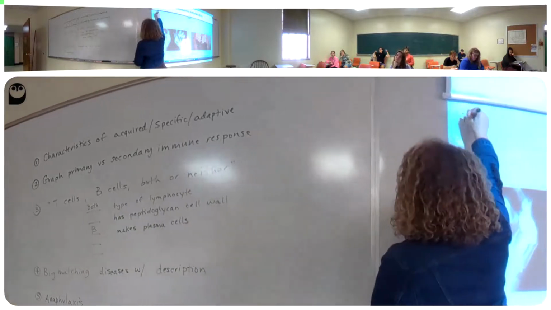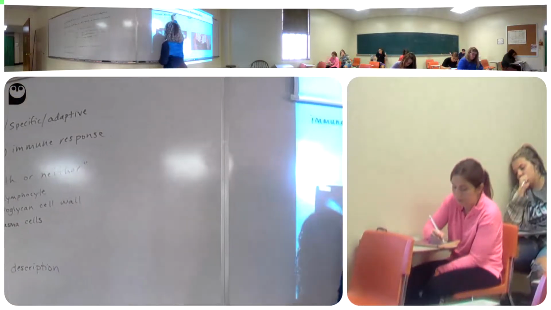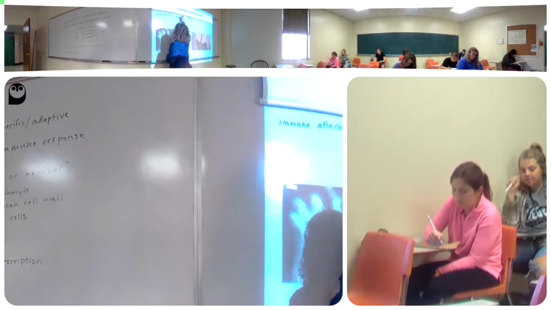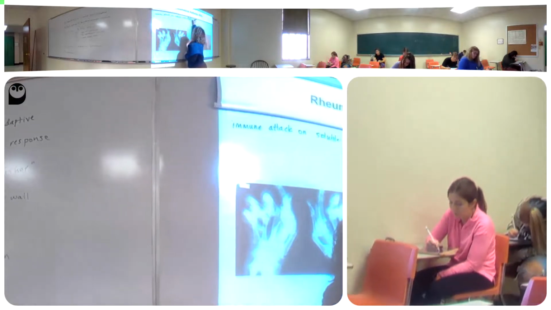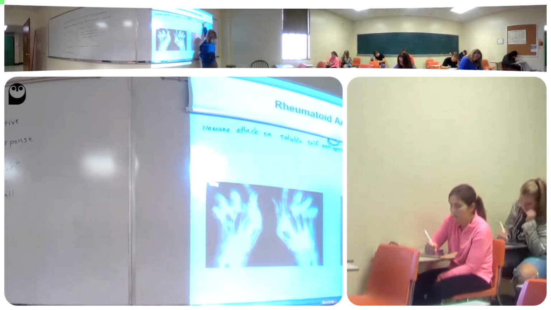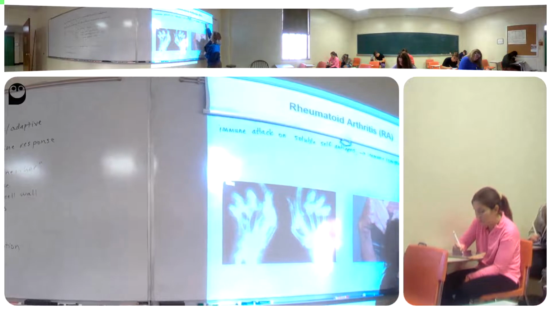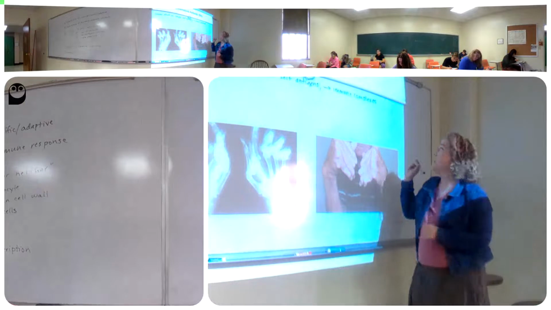So this type is where you have immune attack on soluble self-antigens, and then you get immune complexes. So this is a type 3 hypersensitivity, and it's also autoimmune.